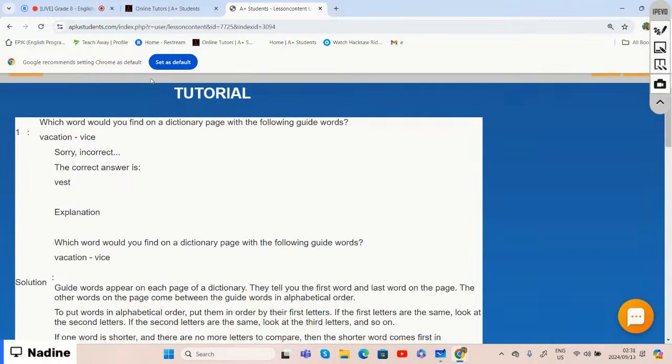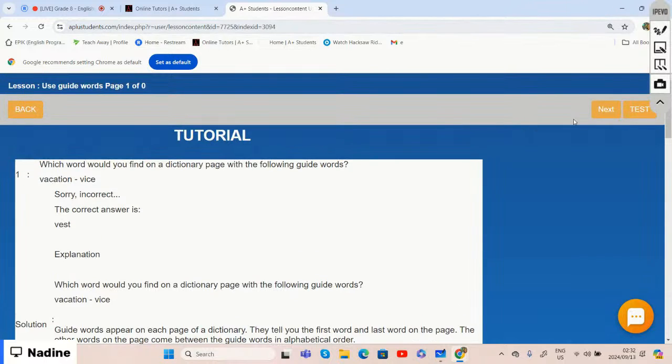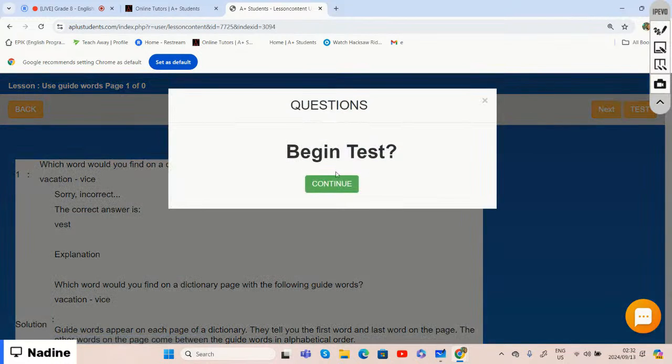That is the two guide words. Any other word in between needs to be in alphabetical order.